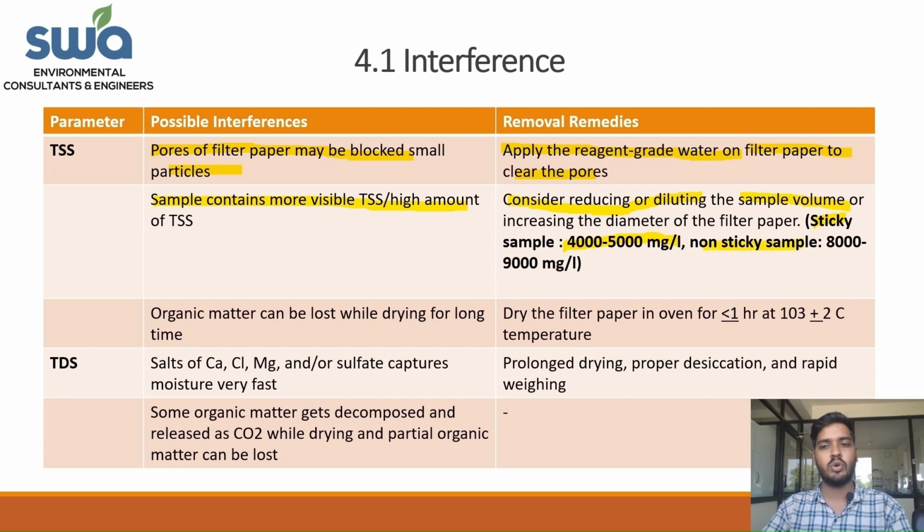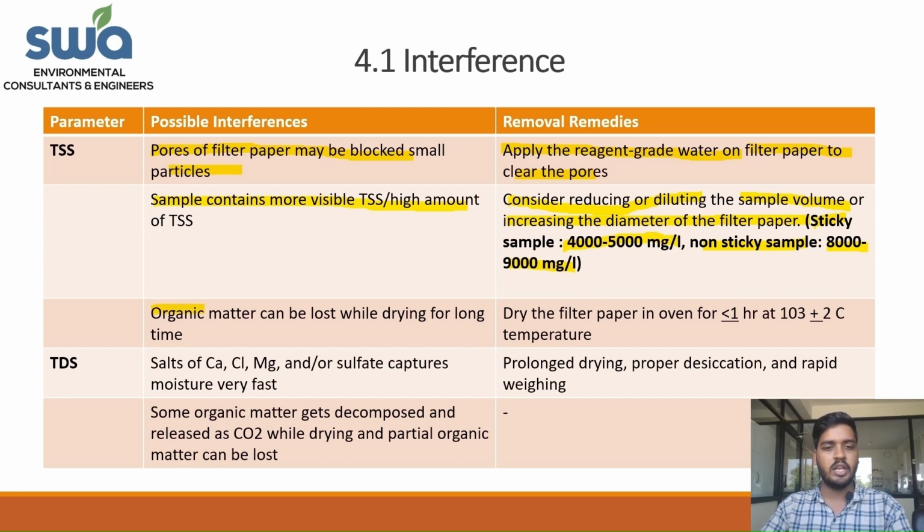If the sample is non-sticky, then you can go up to 8000 to 9000 milligram per liter. But in case you observe the sample is dense and there are more visible suspended solids, you can dilute the sample. Or third, you can increase the diameter of the filter paper. Whichever is possible for you, you can proceed with that.